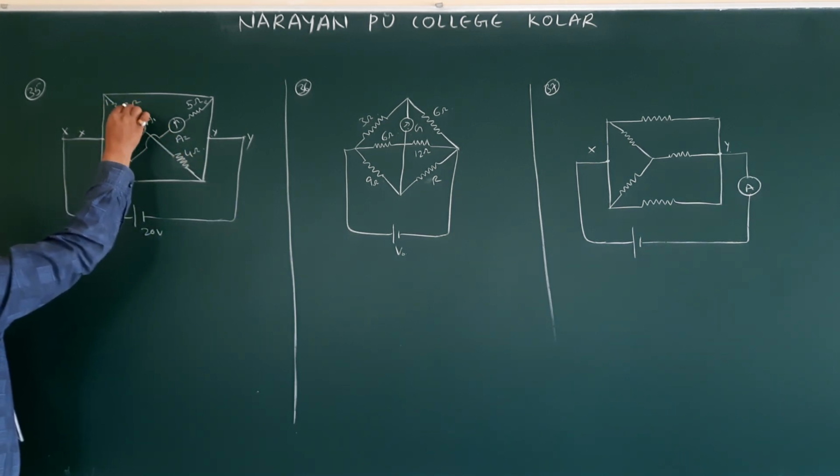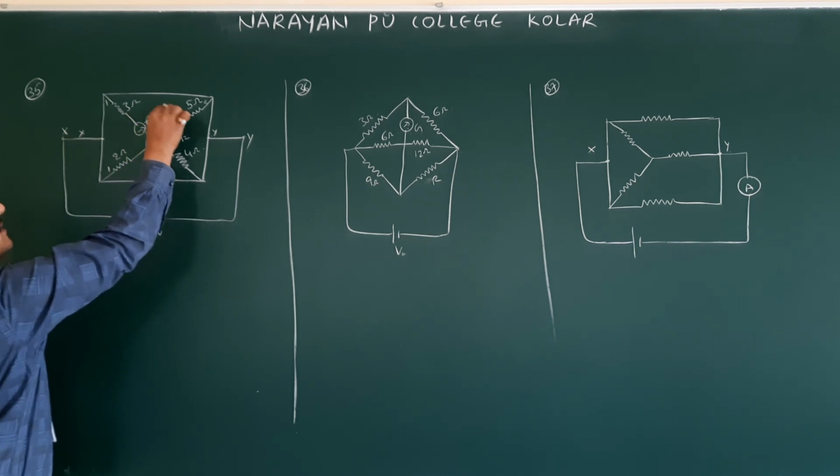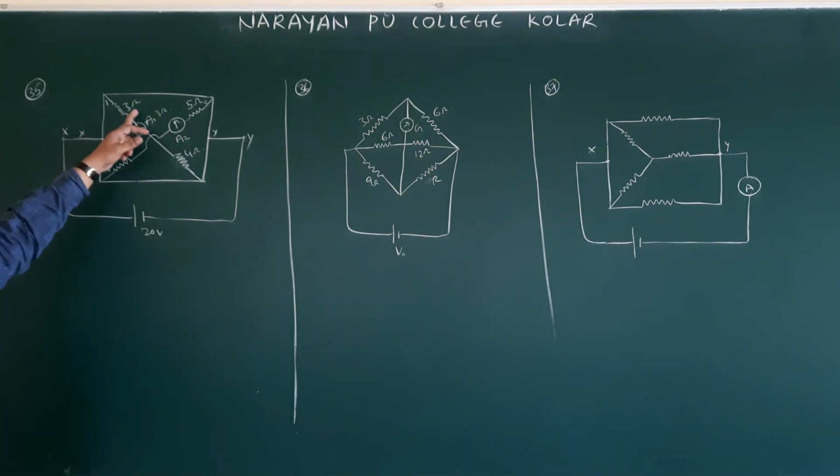Here 3 ohms, and the ammeter resistance is also 3 ohms. 3 plus 3 is 6.